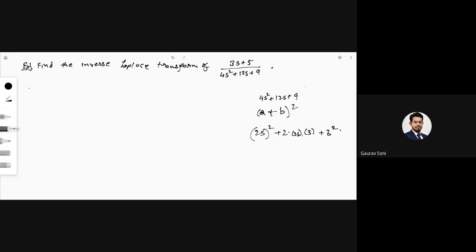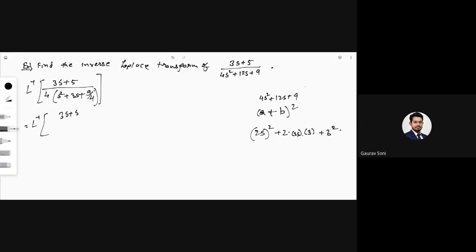So Laplace inverse of (3s plus 5) upon 4 common, (s square plus 3s plus 9 by 4), is equal to Laplace inverse of, in the numerator, I'll adjust it later.